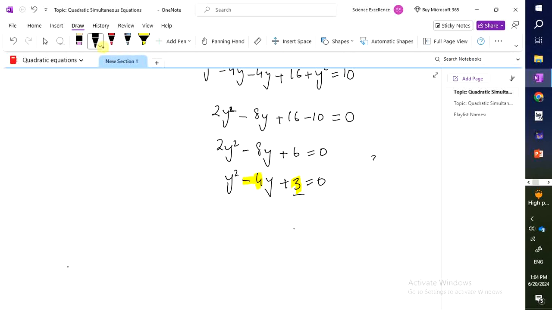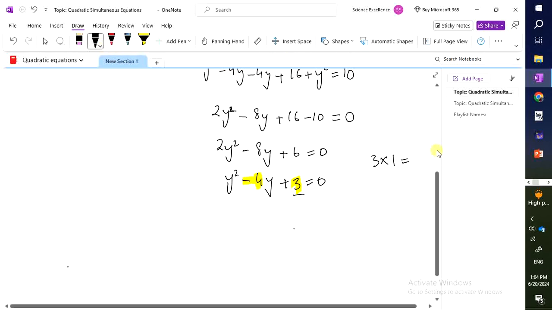So the numbers should be 3 and 1, because 3 is a prime number, so 3 times 1 is 3, and if you consider minus 3 times minus 1, again we will have 3. So if we multiply the numbers, we get 3. That is fine. So if we add them, minus 3 minus 1 will be minus 4. So these two should be the correct pair of numbers.